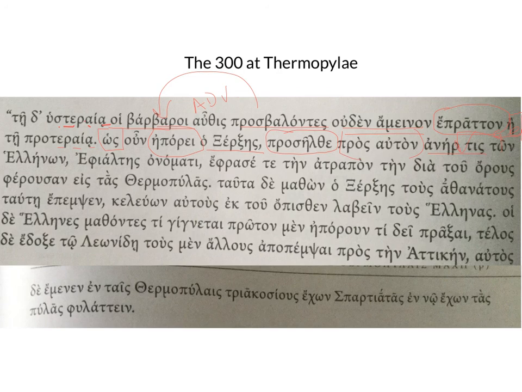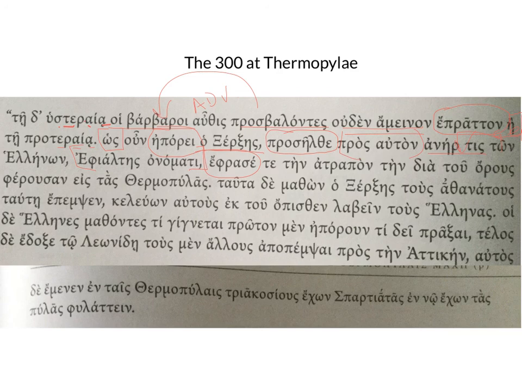And then we get the suppositive. Ephialtes onamati. Ephialtes by name. And what did Ephialtes, this traitor to the Greek cause, do? He ephrase. Phrazo, kind of an odd little Greek verb. Phrazo can mean to show, to tell, to demonstrate, to point out.